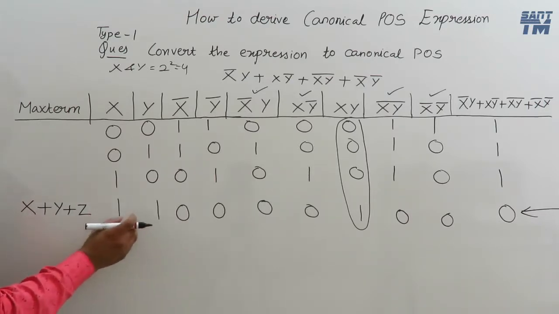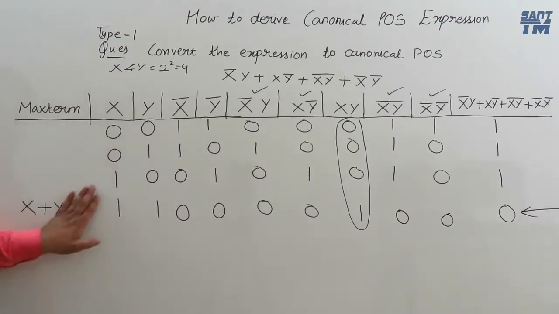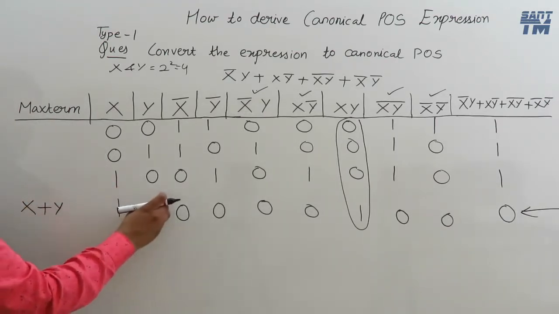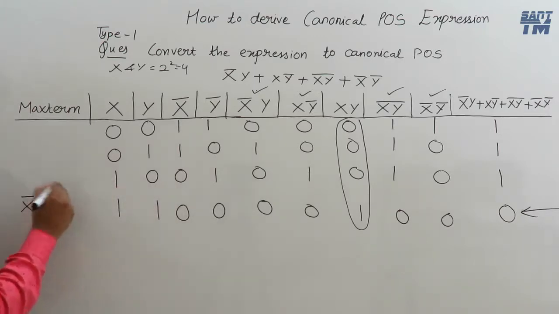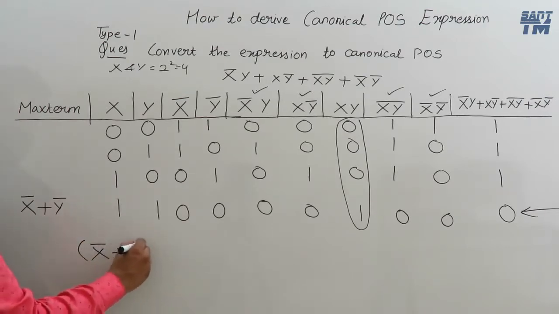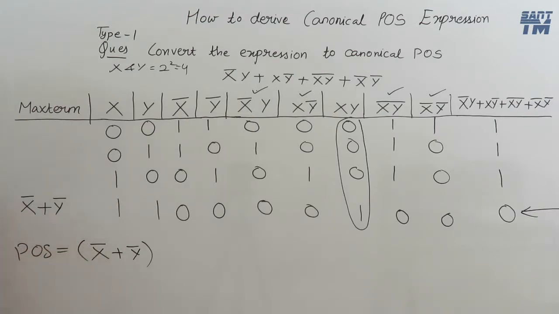In this row there is no Z here, only X plus Y. X is 1 and Y is 1, therefore both will have a bar. So we write the max term here, X bar plus Y bar.